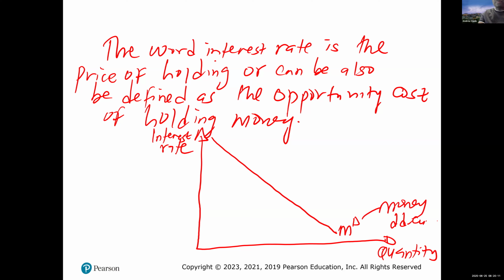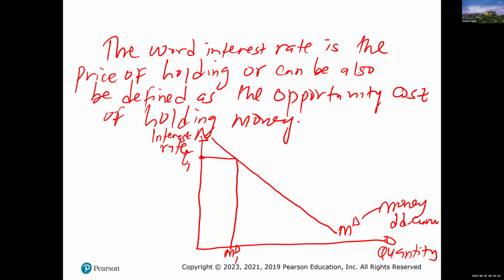Money demand curve. So if the interest rate is high, let's say this is I1, I stands for nominal interest rate, Americans are going to hold less money. Because you lose more money when banks are paying a high interest rate on savings accounts, or bonds are paying a high interest rate and you're holding a lot of cash.